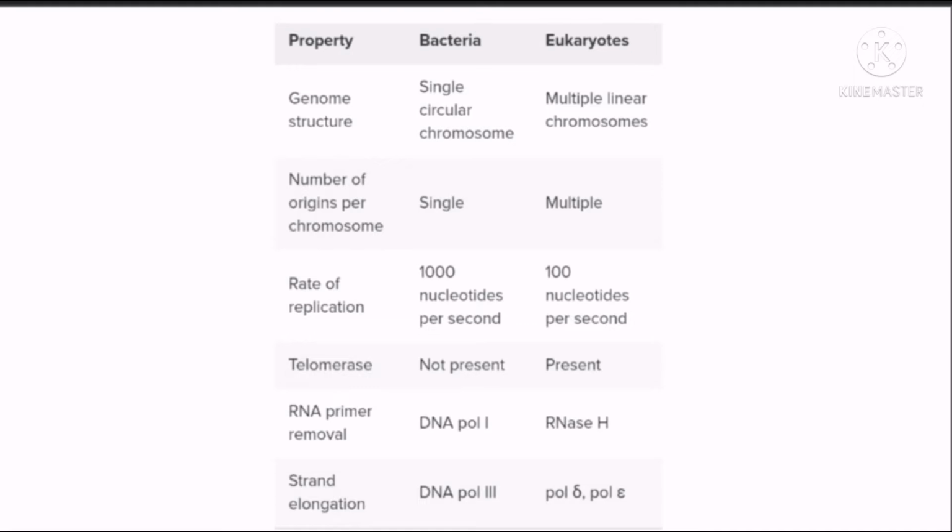Telomerase is not present in bacteria, but is present in eukaryotes. RNA primer removal is by DNA polymerase I in bacteria, but by RNase H in eukaryotes. Strand elongation is by DNA polymerase III in bacteria, and by polymerase delta and polymerase epsilon in eukaryotes.